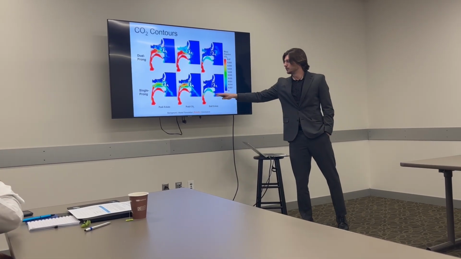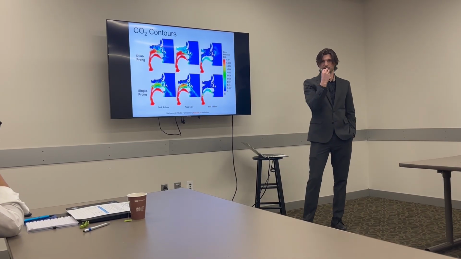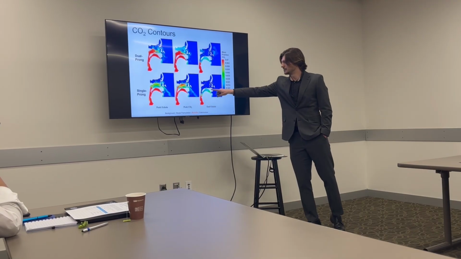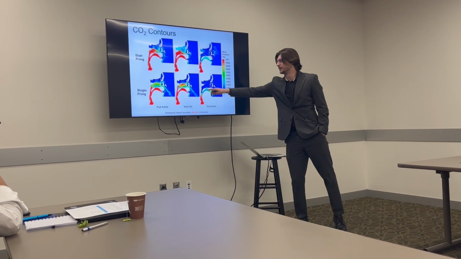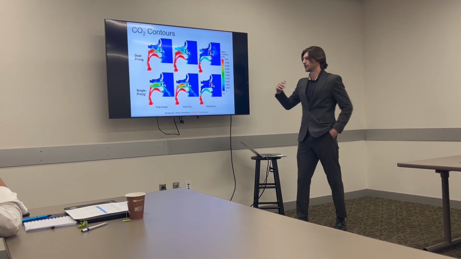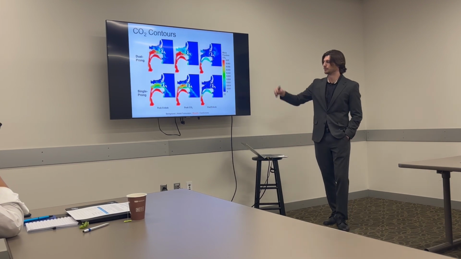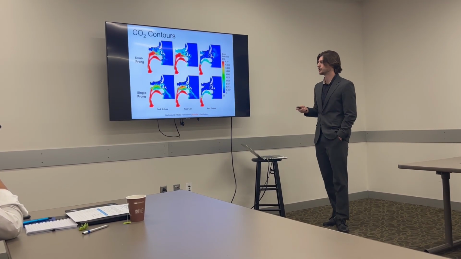Really the only CO2 remaining is in the oral cavity, where the restriction of the partially closed mouth is creating some latent CO2, and also below the conjunction of the upper airway, the nasal passageways, and the oral cavity, where it's very difficult for the therapy to actually reach down there and flush out that region.